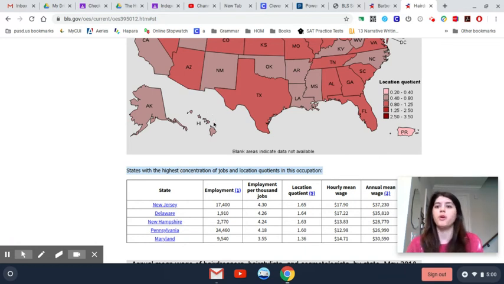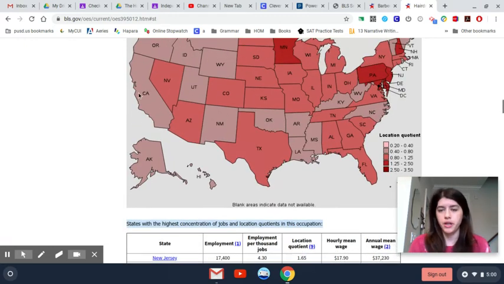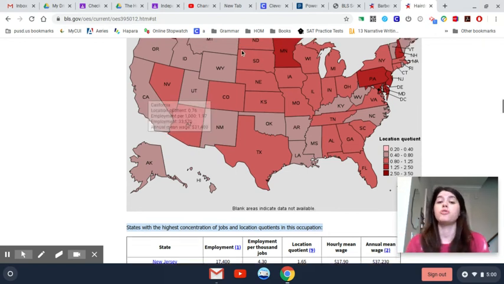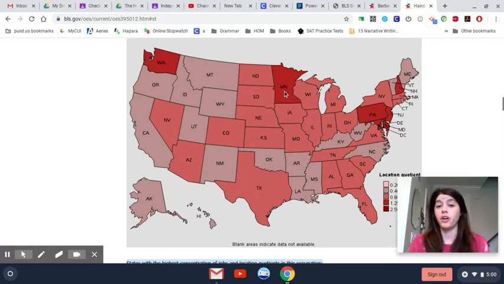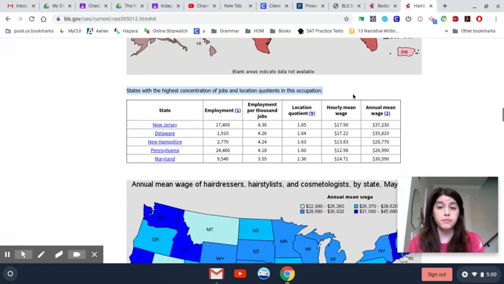Because there's more people, that's why the first graph is high for California, but there's actually less job opportunities in that concentration of jobs in California. There may be more people certified to do that, but it doesn't necessarily show that they're actually getting jobs there. So this graph is kind of showing you where you're probably going to be more likely to get a job.